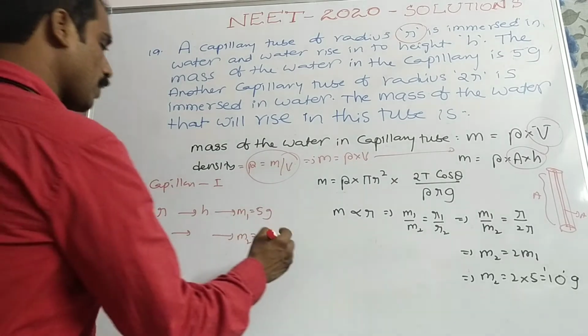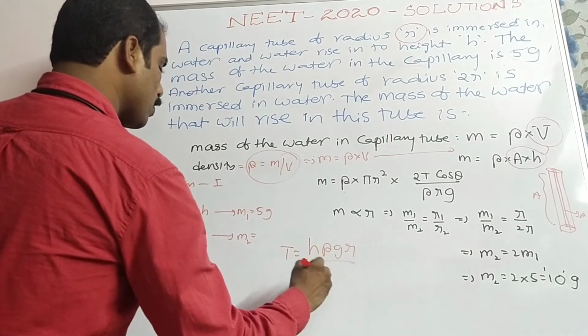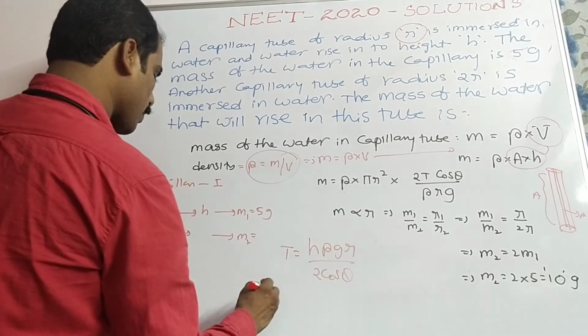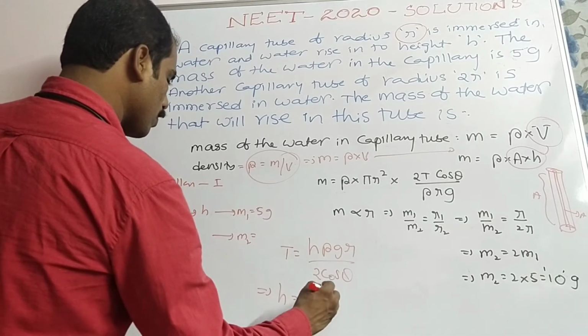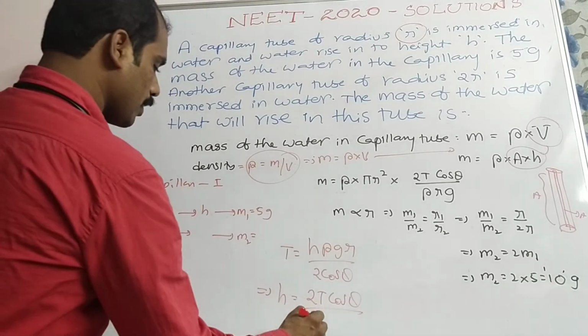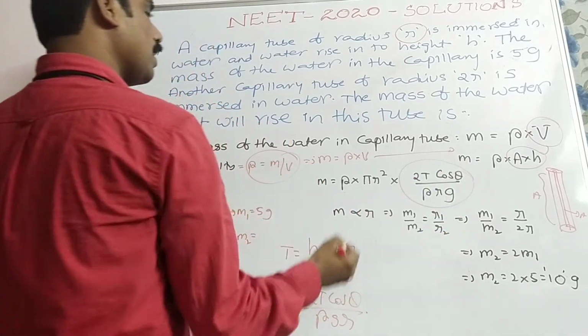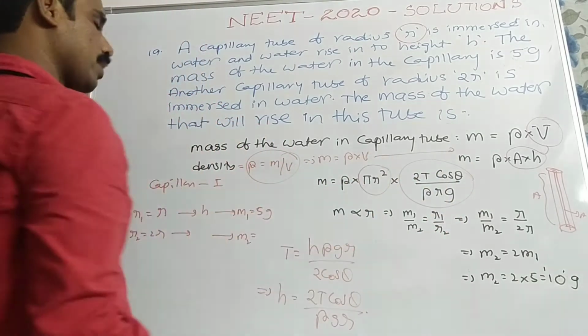We know surface tension T is equal to hρgr/(2cosθ). That implies h is equal to 2T cosθ/(ρgr). That is substituted here, and area is taken as πr².